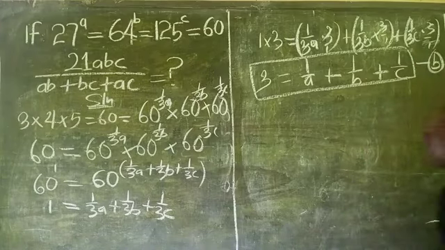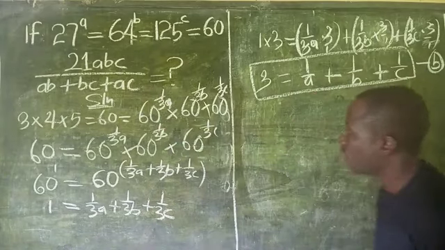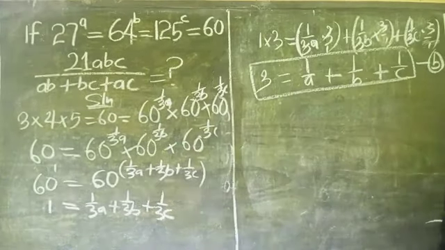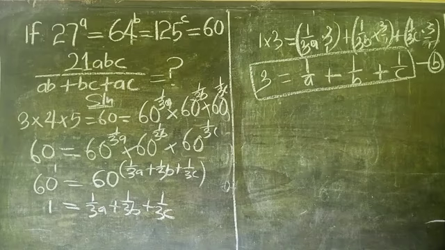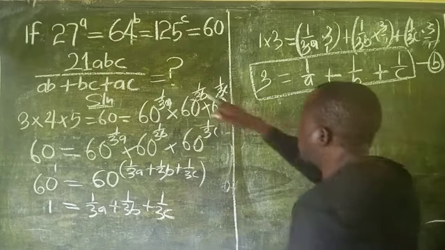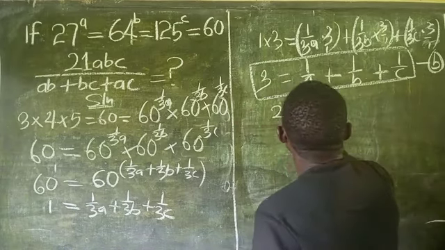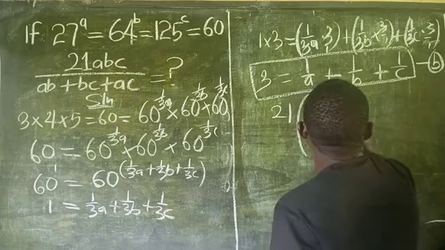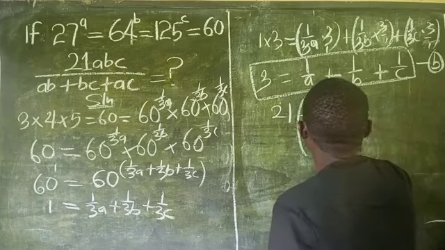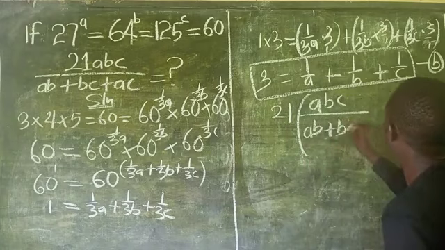And now let's go back to what we are actually asked to evaluate, which is 21 ABC all over AB plus BC plus AC. So now we can rewrite that to be 21 into ABC all over AB plus BC plus AC.